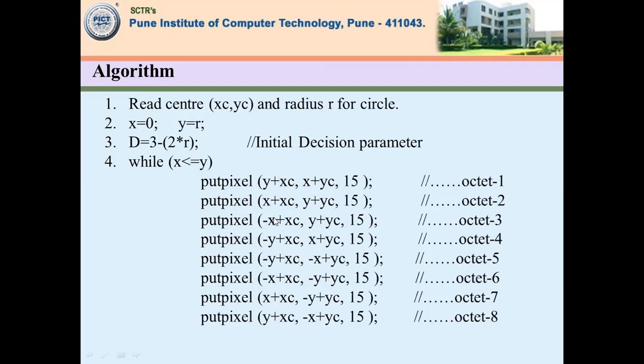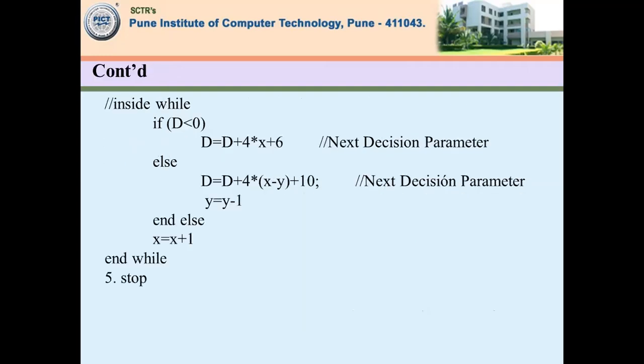Suppose you feel comfortable, you can go ahead like (x, y), (-x, y), (x, -y), (-x, -y), then reverse the sequence: (y, x), (-y, x), (y, -x), (-y, -x). Eight values should be there because it's an octant.